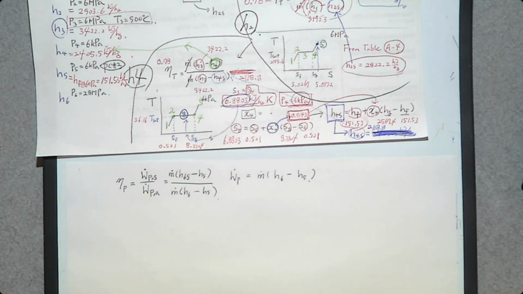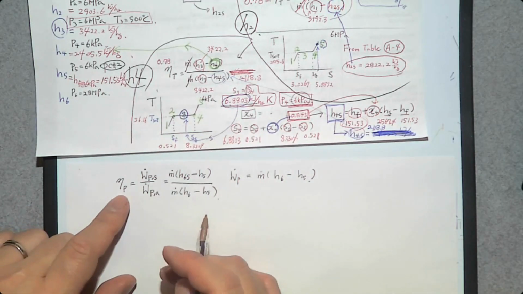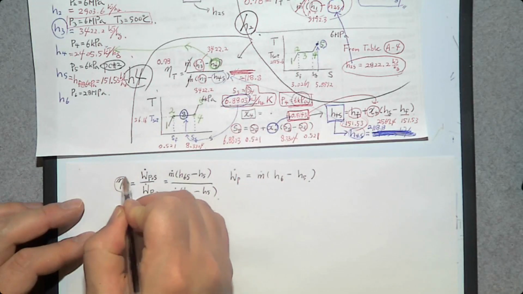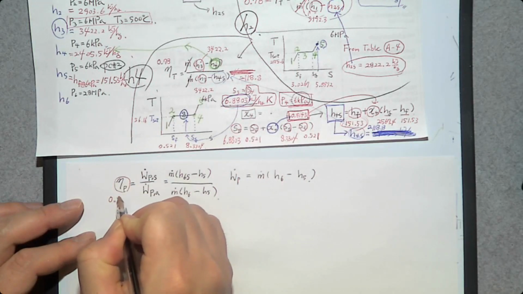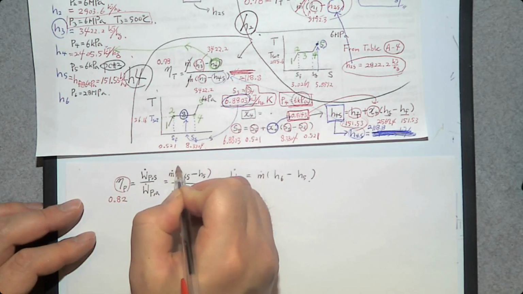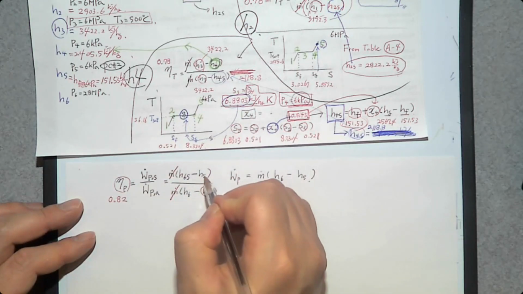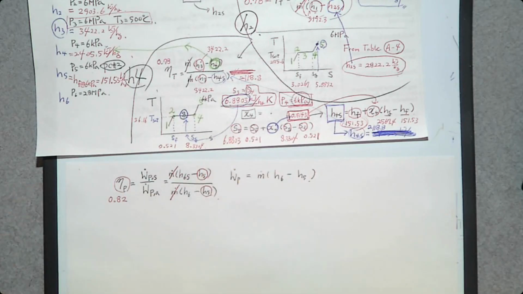So that's the equation. This isentropic pump efficiency is 82%, so this is 0.82. We can cancel M dot, and H5 should be the same, because this is the inlet of the pump.